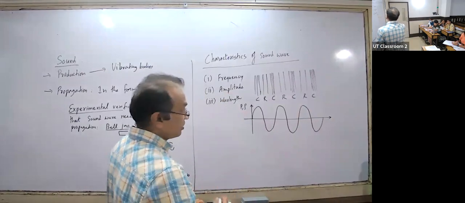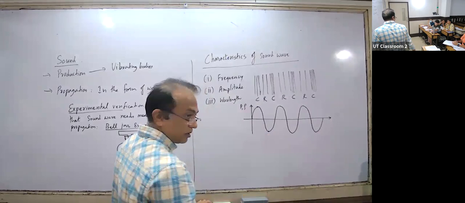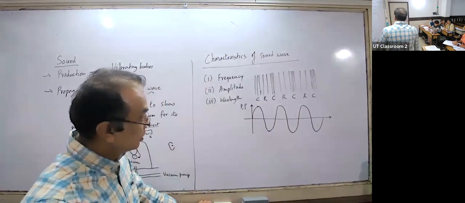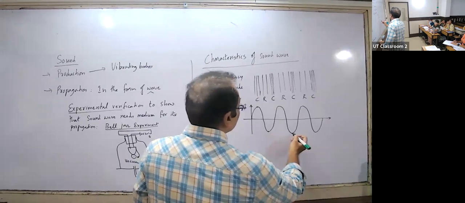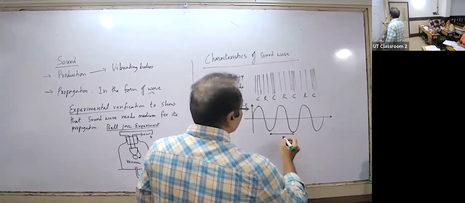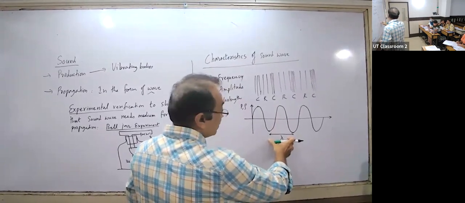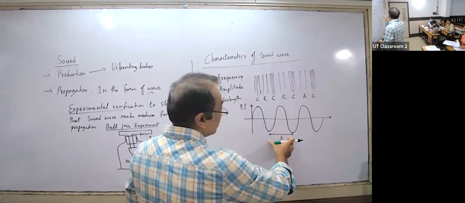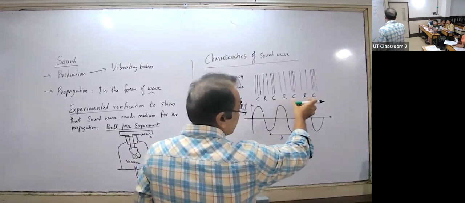So where is the pressure maximum? At this point. Where is it minimum? At this point, right? So what is the wavelength? Wavelength is this distance, right? The distance traveled by wave between two compressions or two rarefactions.